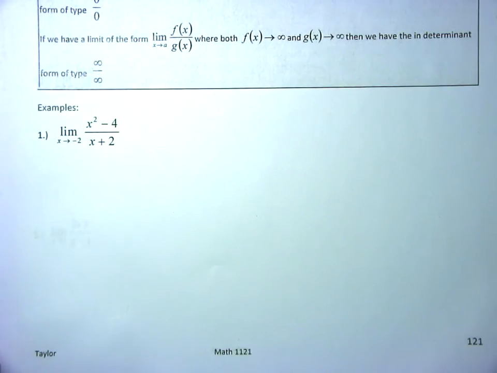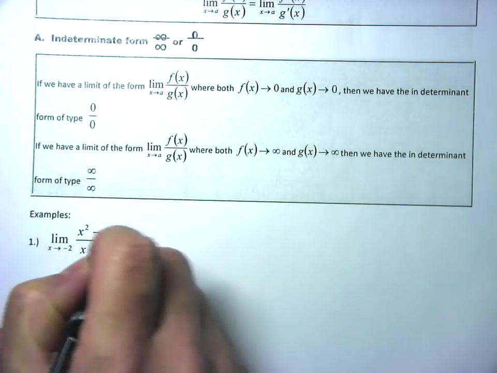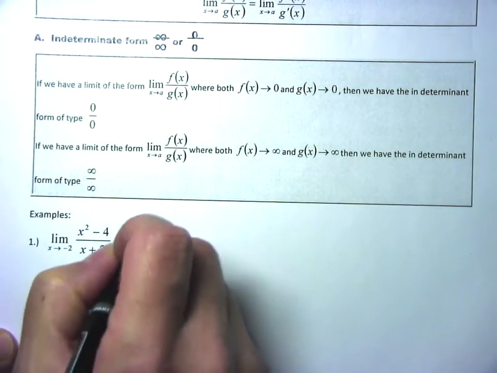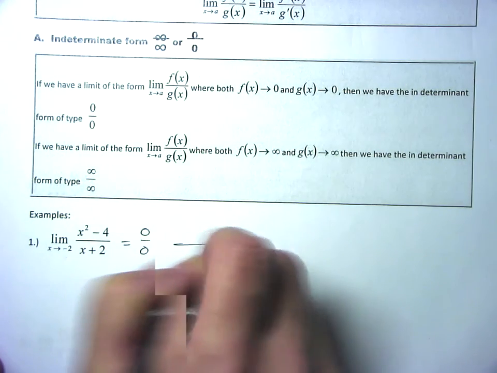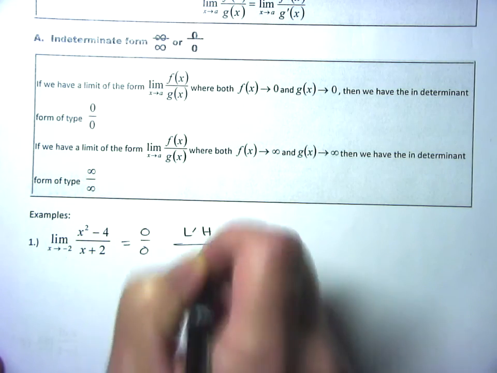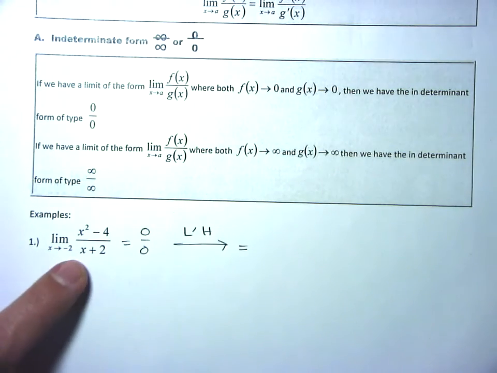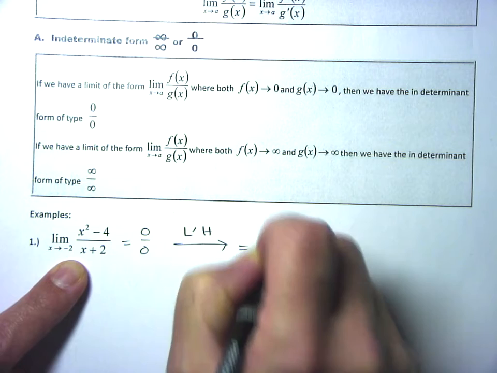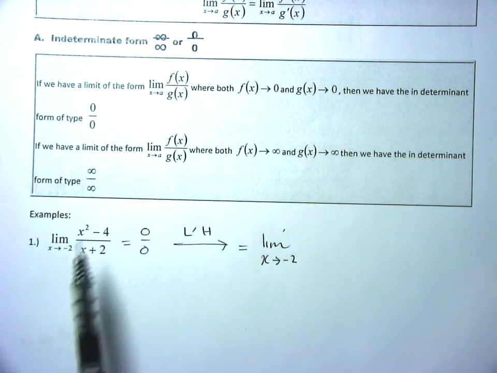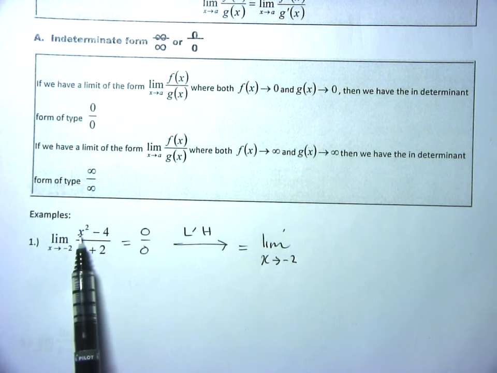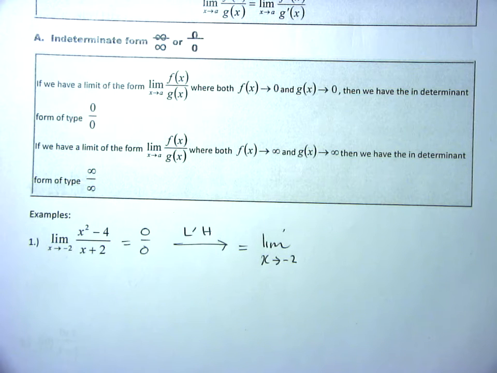However, since we notice that if I plug this limit in, I get 0 over 0, that now becomes a permission slip for me to use L'Hopital's rule. So this limit is going to be equal to the limit as x approaches negative 2 of the derivative of the top. What is the derivative of x squared minus 4?